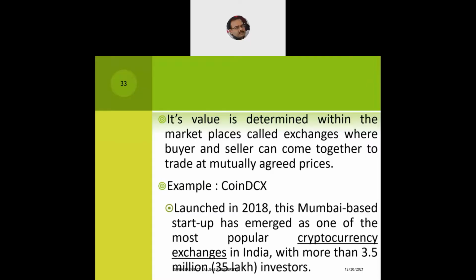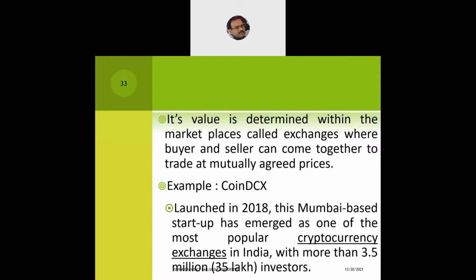Every company has its own market price, and the company stocks are traded by traders and investors, and depending on the performance of the company in the last financial quarter, the market value of the company goes up and down. So that depends on the performance of the company. What is the health of the balance sheet? What is the health of the company?